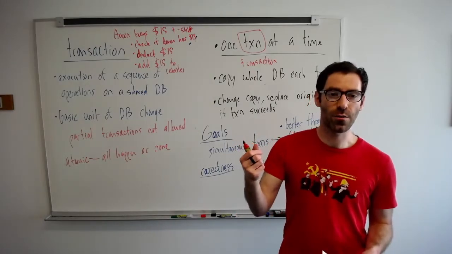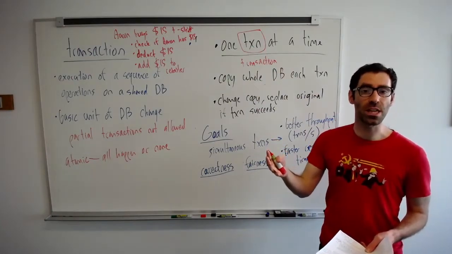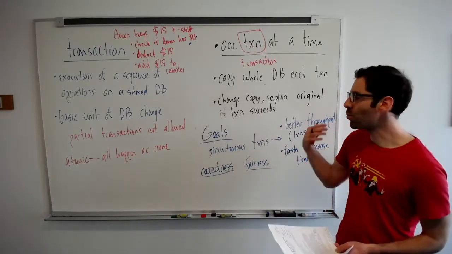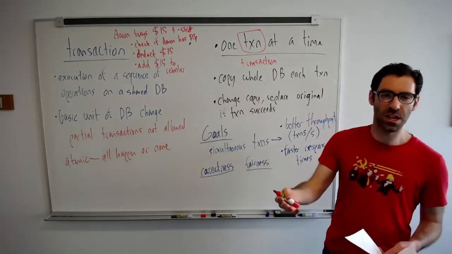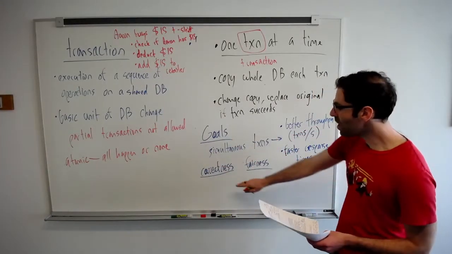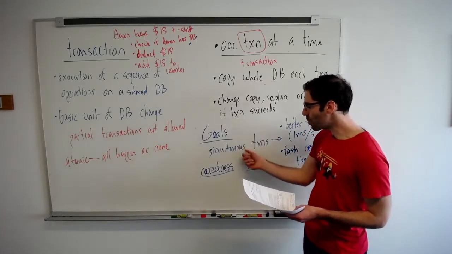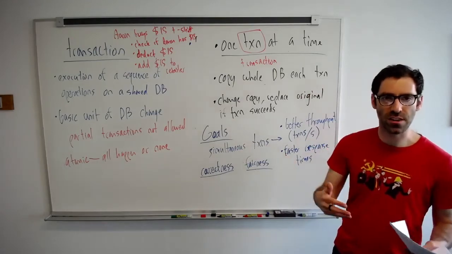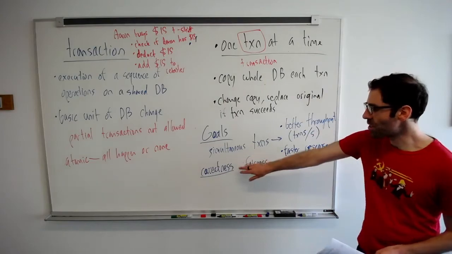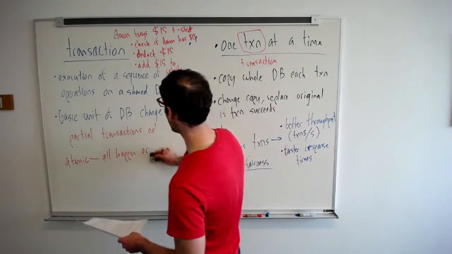If we get rid of our single file line for transactions, we still want it to be the case that all transactions will get a chance to run, and we don't have one sitting there forever as a bunch of others jump ahead of it when we're doing simultaneous ones. And we want things to be correct. We don't want having simultaneous transactions running at the same time to interfere and to lead to incorrect results for our queries, for our transactions.